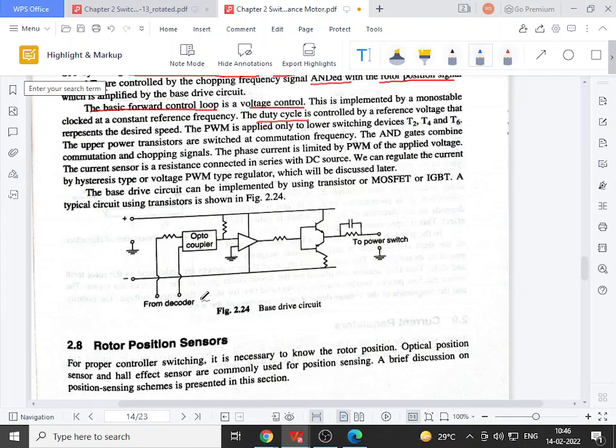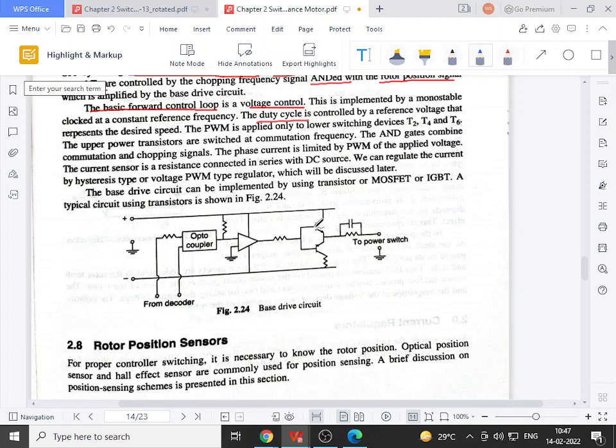Decoder output is not directly applied to the base terminal of the transistor or gate terminal of IGBT and MOSFET. So there is electrical isolation provided between this decoder output and the gate signal of the actual switching device. For that purpose we always use an optocoupler. So an optocoupler is generally used to provide isolation between the decoder output and the actual gate signal.